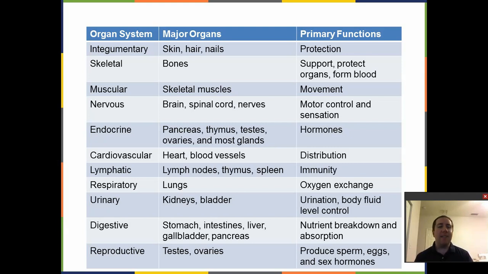And if I were to give you an organ and ask you which organ system it was, I would pick an easier organ. I wouldn't ask you which organ system is the thymus in. I would ask you which one is the lymph nodes in. And I would hope that you realize that lymph nodes are in the lymphatic system.